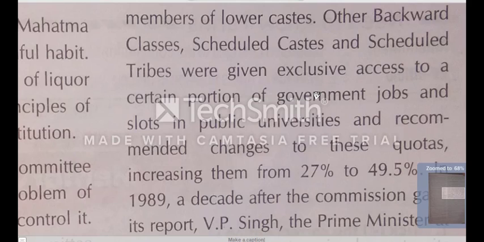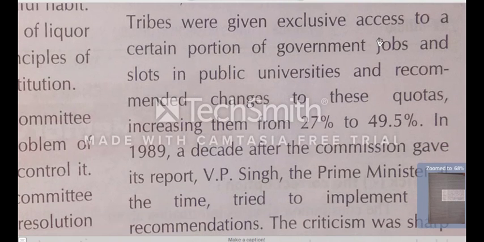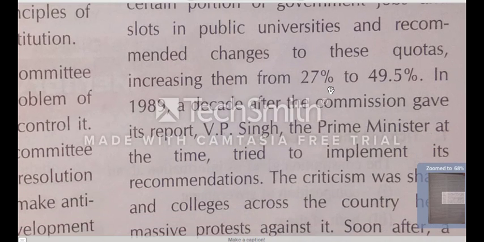Exclusive means unique, special, some special quotas, some special reservation given to them, so they can have access to it. Access means पहुंचना, मिलना, प्रवेश करना, in government jobs and public universities, and also their quota increased from 27% to 49.5%.